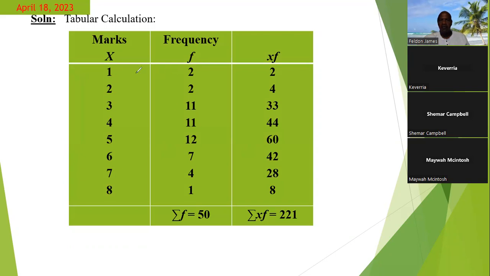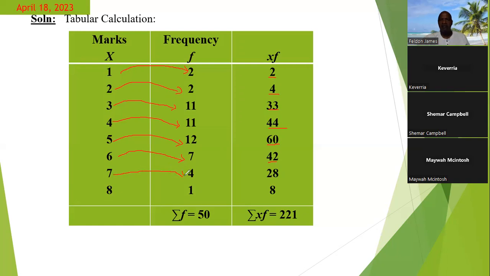So 1 times 2, we get 2. 2 times 2, we get 4. 3 times 11, we get 33. 4 times 11, we get 44. 5 times 12, we get 60. 6 times 7, we get 42.